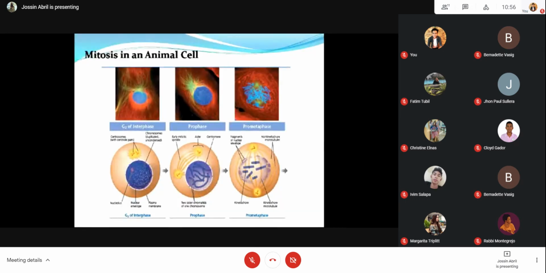The three kinds of microtubules are the kinetochore microtubules, the astral microtubules, and the spindle microtubules.